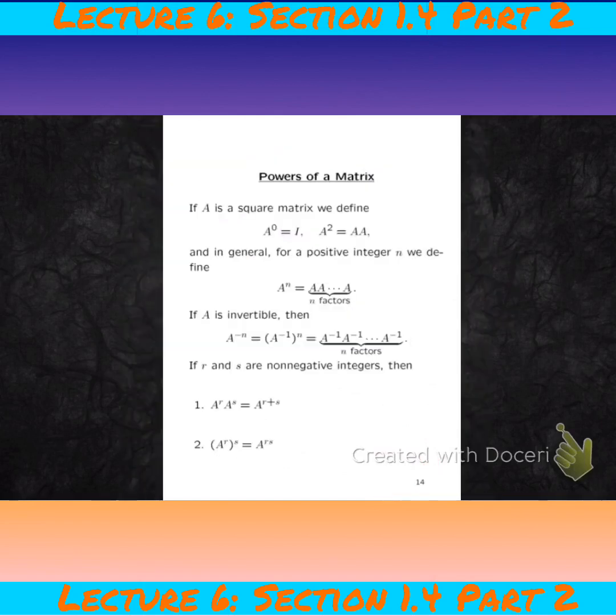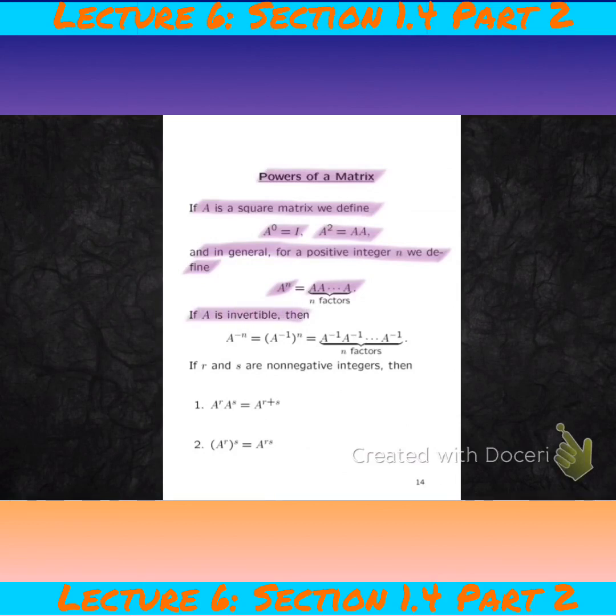Then just something to be aware of, powers of matrices. If we have square matrices, then we define A to the power of 0 as the identity matrix, and we define A squared as the matrix A multiplied by itself. In general, for any positive integer n, we define A to the power of n as simply multiplying the matrix A with itself n times, just like with normal real numbers.